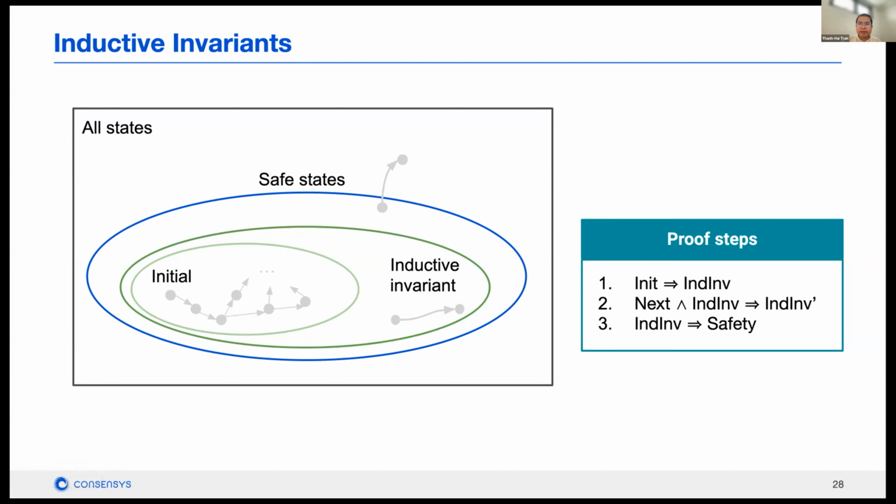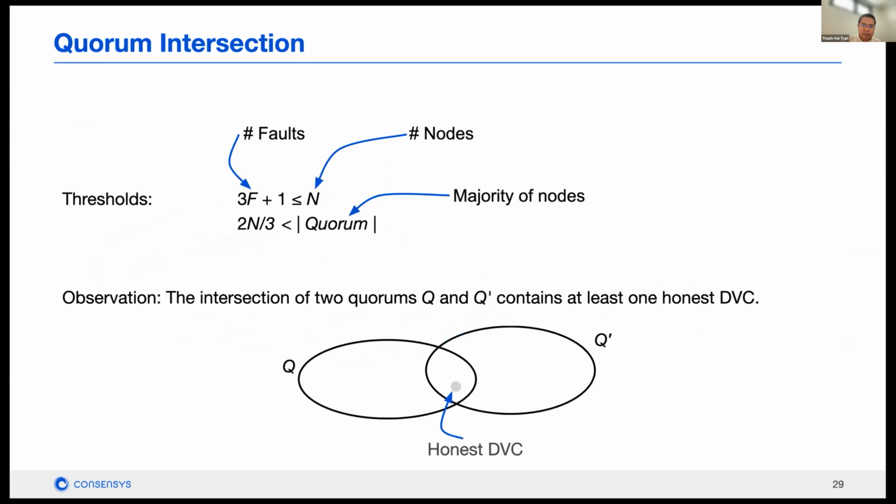By using an inductive invariant, we only need to reason about two consecutive states and also an initial state. So this helps us simplify the proof a lot.